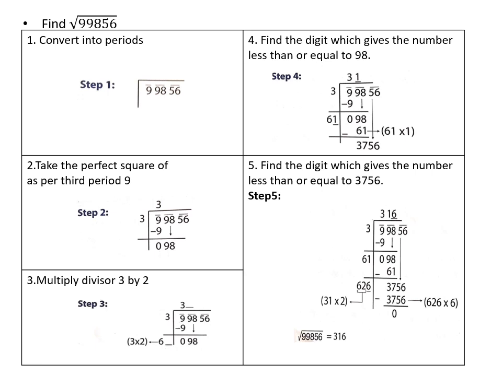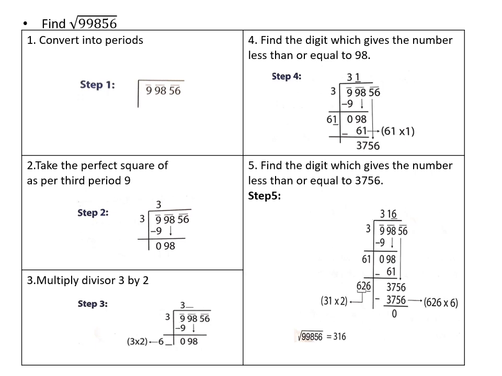In the dash, if you try 1, 621 into 1 gives 621. If you try 6, similarly 626 into 6, you will get the same number as 3756, and the subtraction of this is 0. As no periods are left, our division completes.